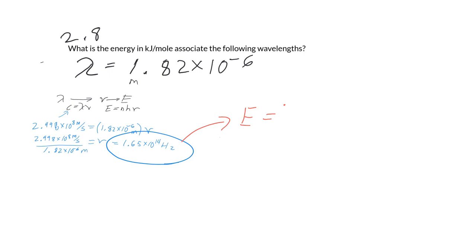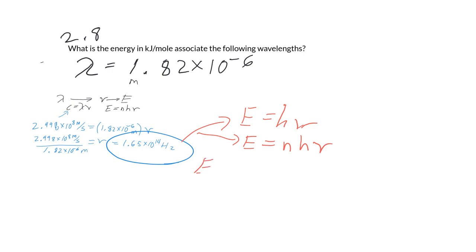Now, normally, most of the problems we're dealing with use Planck's formula for the energy of one photon, so we reduce the formula to E equals h times frequency. However, remember in lecture, I gave you an alternate form of that formula: E equals N times Planck's constant times frequency.